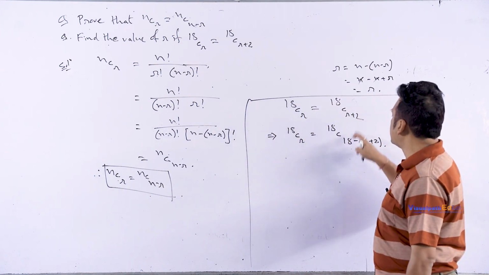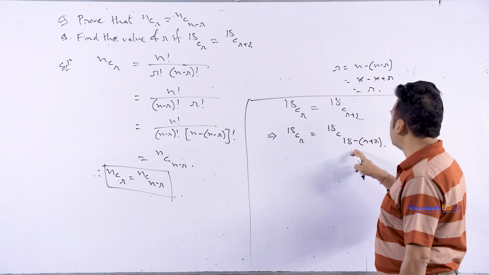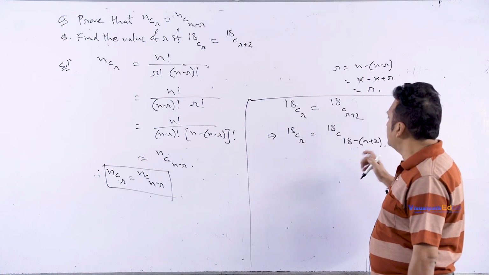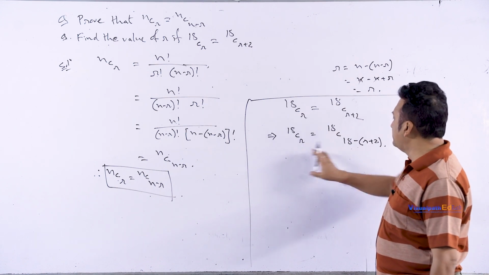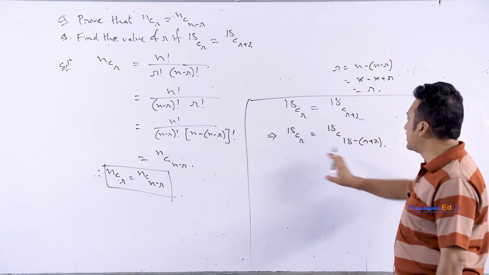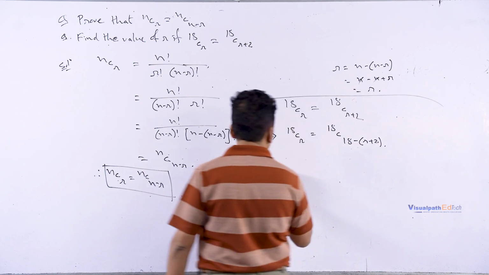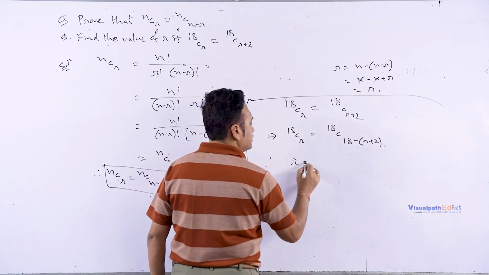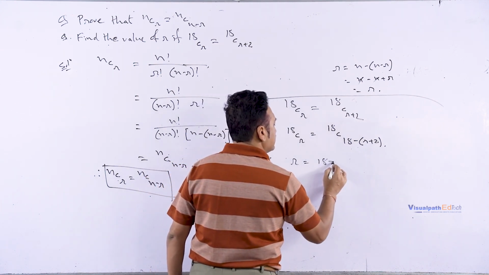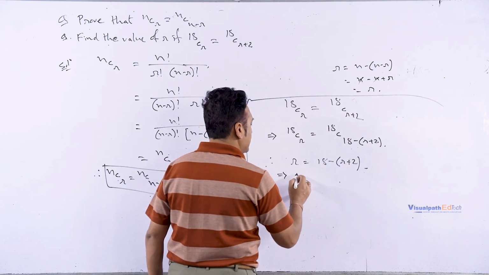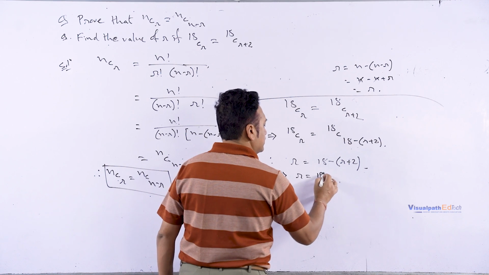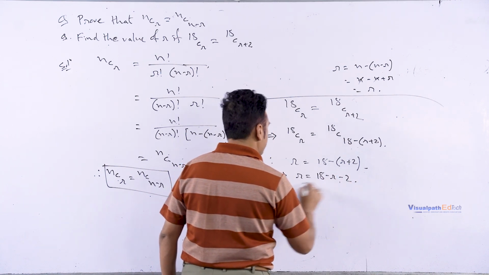Now, from these two, n's are the same, so the r's will also be the same. So, we can compare. We can write therefore, r is equal to 18 minus (r plus 2). In other words, we will get r is equal to 18 minus r minus 2.